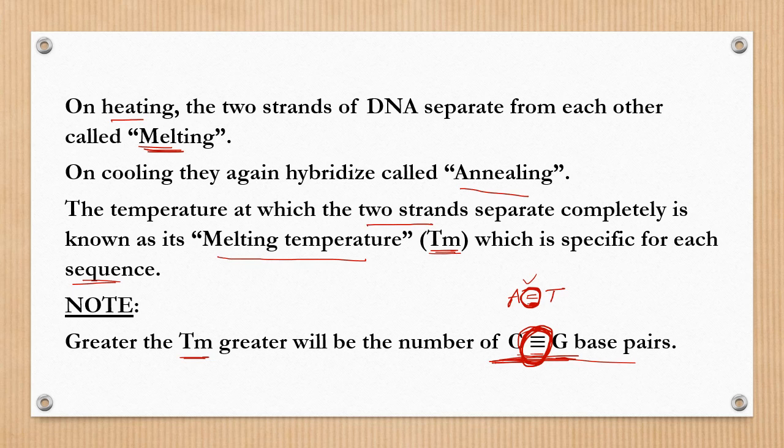The presence of these two types of bonding, 2 hydrogen bonds between adenine and thymine and 3 hydrogen bonds between cytosine and guanine, is also important to arrange the nucleotide chains in a diameter of 20 angstrom units.